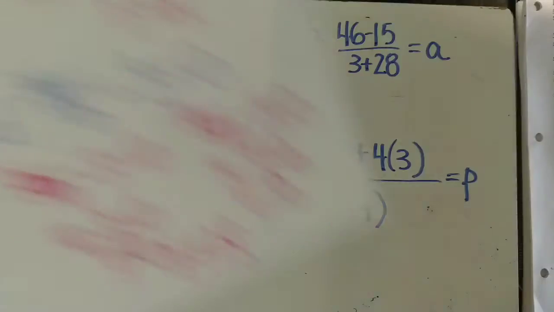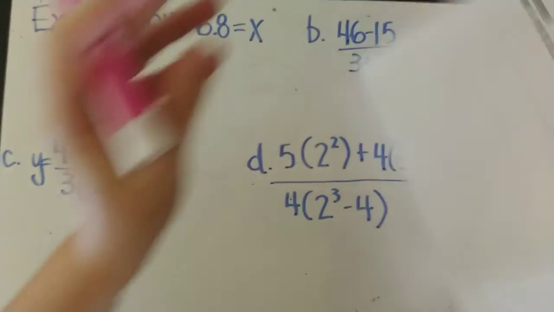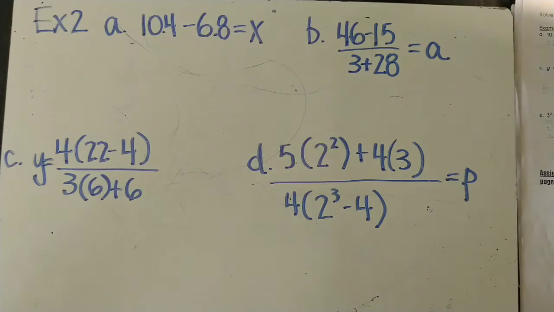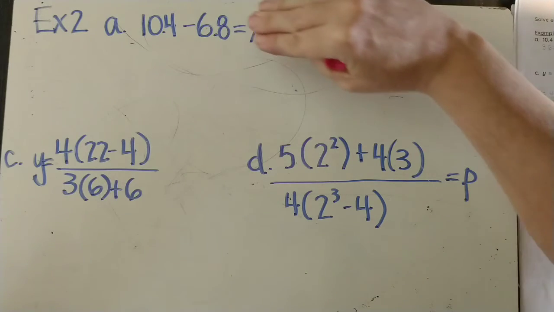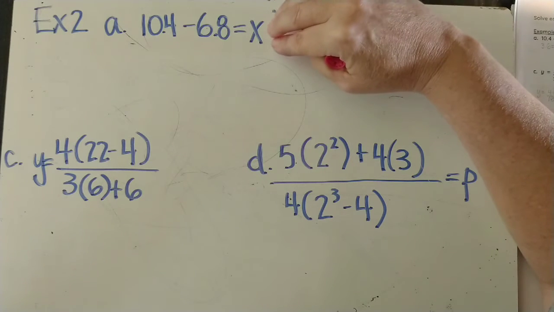Next, we're going to go on to solve your equations. Your calculator might come in handy for this part. Example 2a, we have 10.4 minus 6.8. We've seen this type of expression before, but now we've turned it into an equation with an equal sign and a variable.